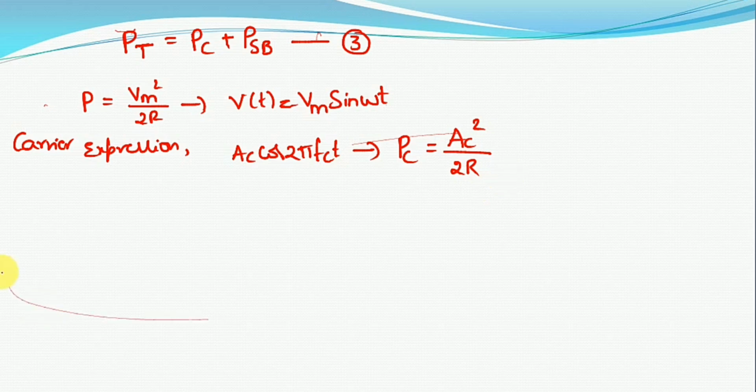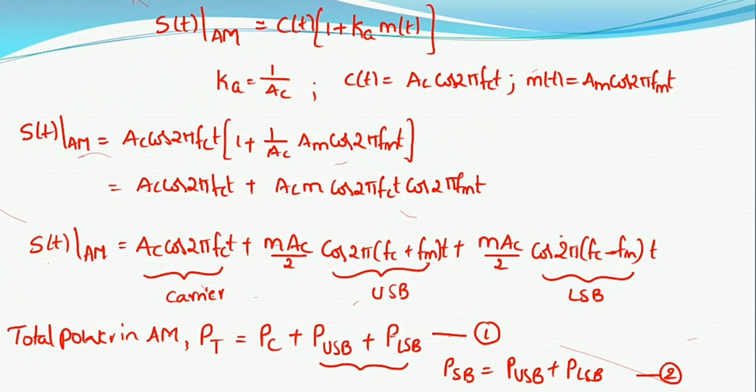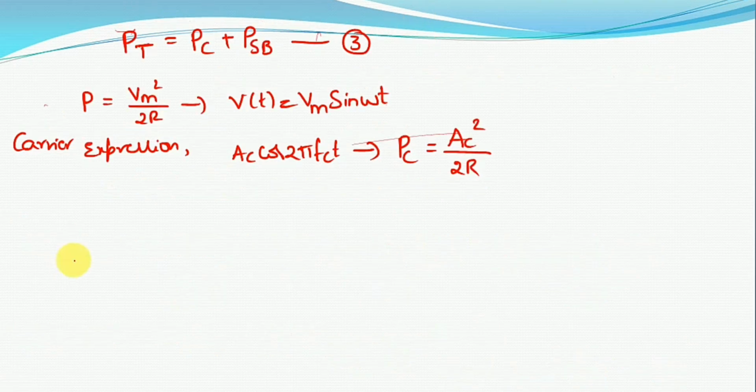Now we have to find out what is the sideband power. So here the sideband expressions are m into AC by 2 cos 2 pi (Fc plus Fm) T and m into AC by 2 cos 2 pi (Fc minus Fm) T. So we calculate the sideband power.